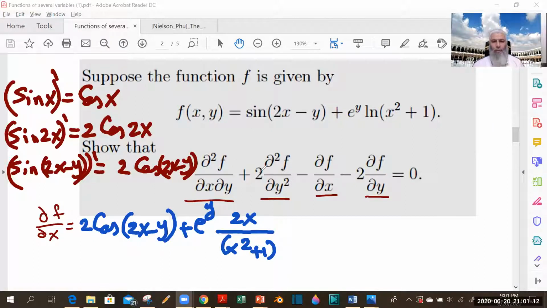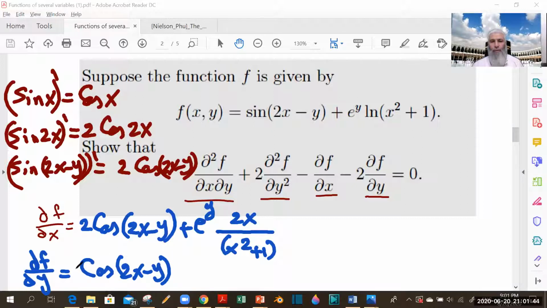Now we need to calculate df/dy. Again, the derivative of sine is cosine of the bracket. What is the derivative of the inner bracket with respect to y?